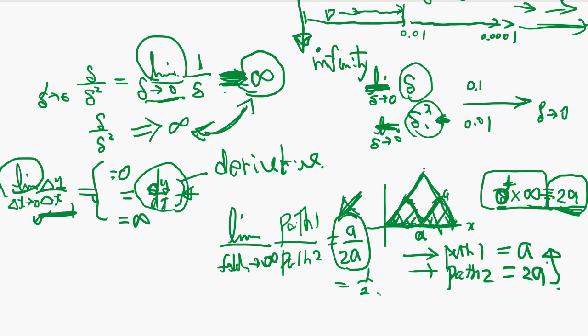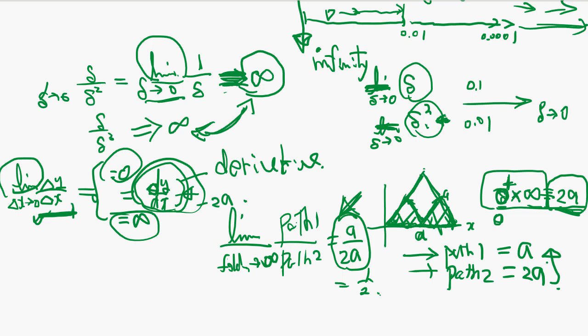Okay, so with this concept, if you have an infinite number of almost 0, it's going to be 0 when you keep folding. It may end up with 0, infinite, or some number, 2a.